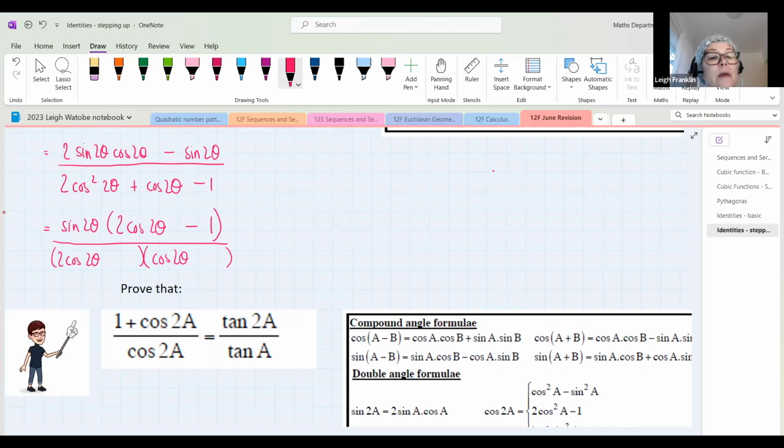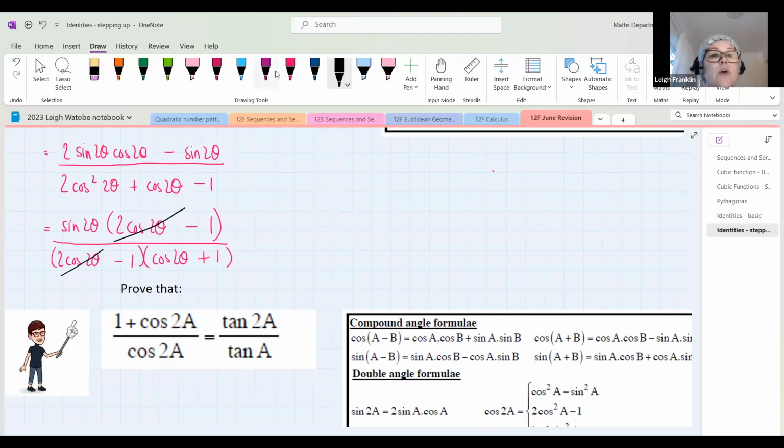I've got 1 over here, so I've got to have 1 there and 1 there. I have plus in the middle, so 2 cos 2 theta times 1 would be plus 2 cos 2 theta, minus 1 cos 2 theta would give me the plus 1 cos 2 theta in the middle. All right. What's nice now that I have factorized is that I can cancel down. So I can cancel this bracket over here with that bracket over there.